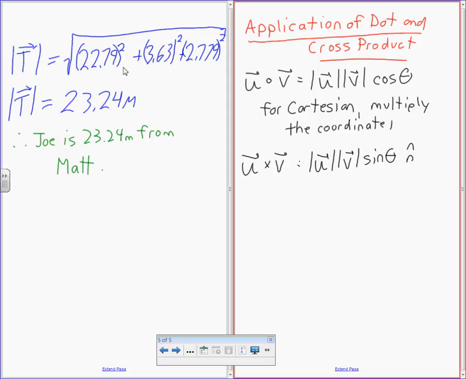What does n hat mean again? Very good. It's a unit vector. What does a unit vector mean again? Magnitude of 1. That's what unit means. Look at this, it's a 1. And it's going to be perpendicular to both U and V.